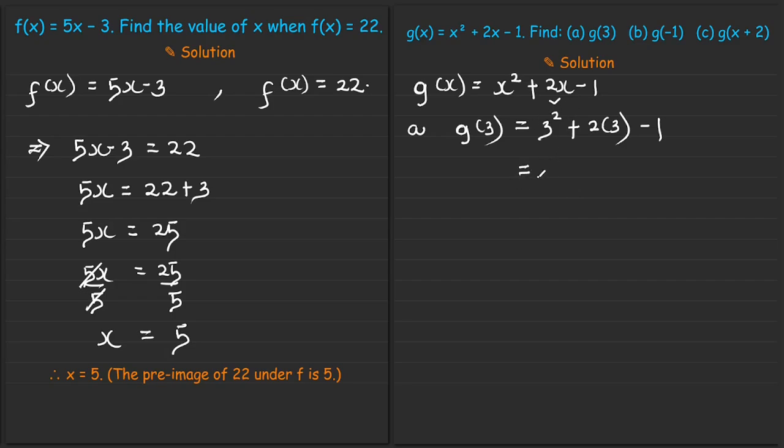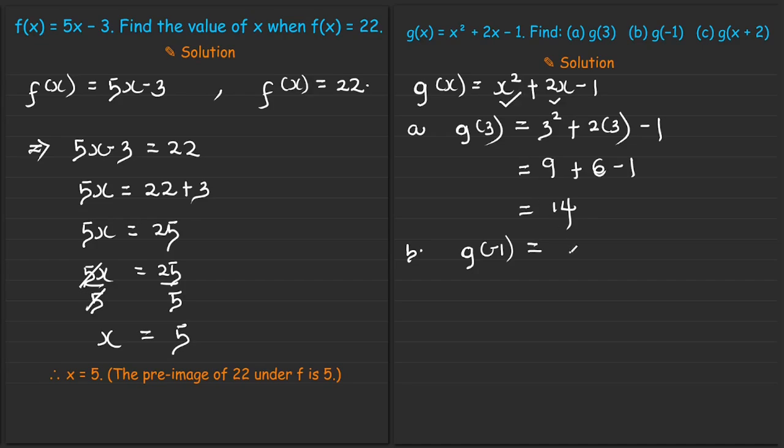Simplifying, we have 3 squared, which gives us 9. Then plus 2 times 3, which gives us 6. Then minus 1. 9 plus 6 minus 1 then gives us 14. As simple as that. The second part says we want g of negative 1. So you do the same substitution.